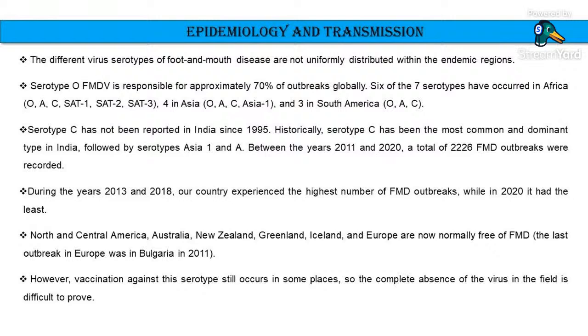Between 2011 and 2020, a total of 2,226 FMD outbreaks were recorded. We are talking about the number of outbreaks, not the number of animals affected by the disease. The number of animals was in millions, in lakhs, because if one outbreak occurs, hundreds or thousands of animals are affected.